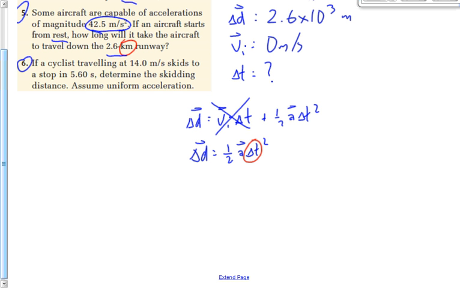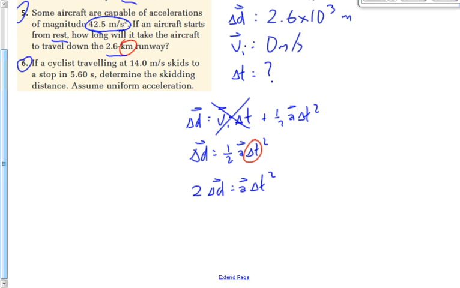Let's take the half over. This is the same as AT squared divided by 2. Let's take the half over by multiplying by 2. On the right side, it's divided by 2. On the left side, we multiply it by 2. Now let's get rid of the A. How do I get rid of that one? Good.